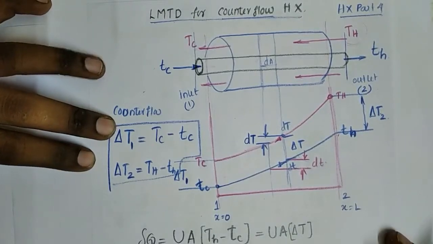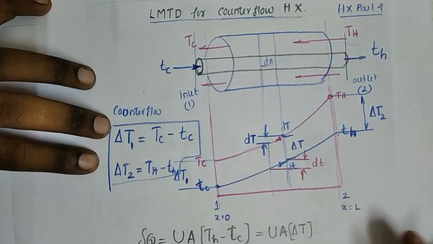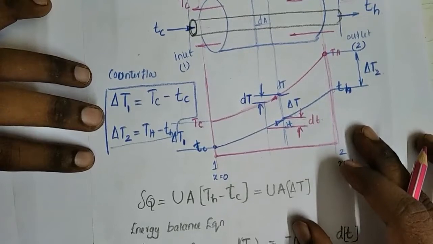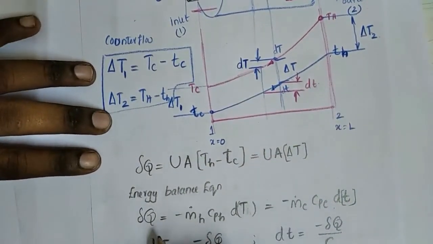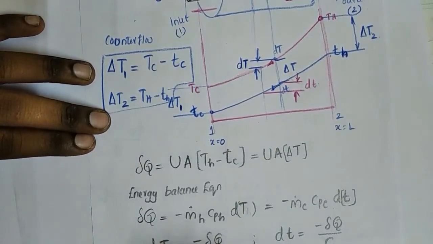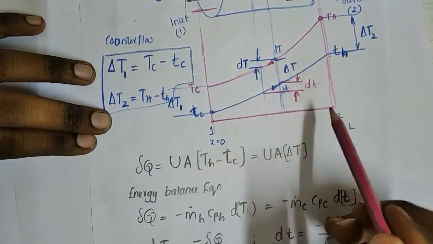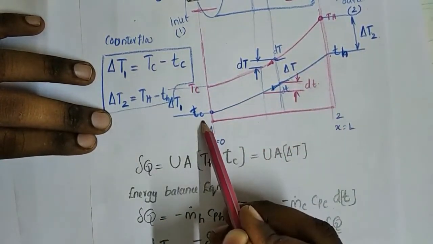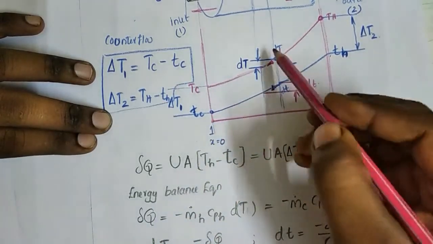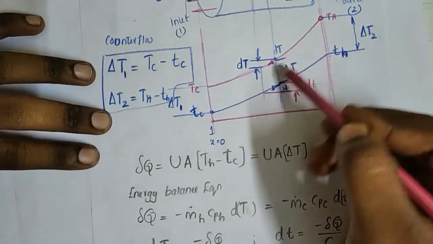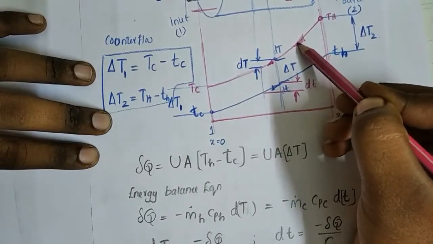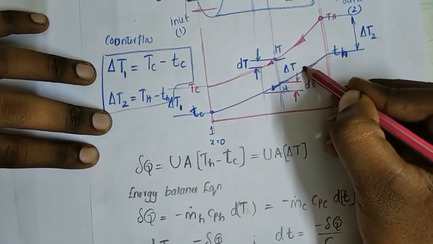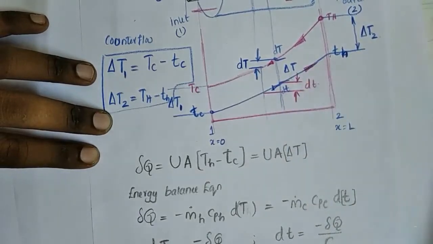Here you can see in both cases the Q goes on decreasing when considering the length. In this counterflow heat exchanger, the directions are also opposite. Here you can see this is the direction of the hot fluid, this is the direction of the cold fluid. Both are in opposite directions.